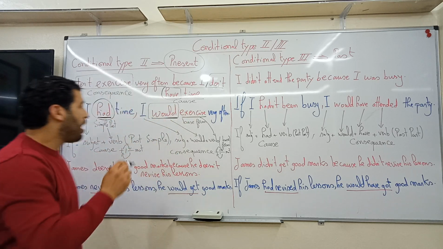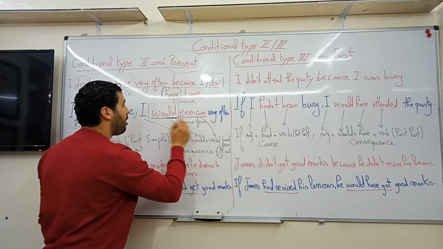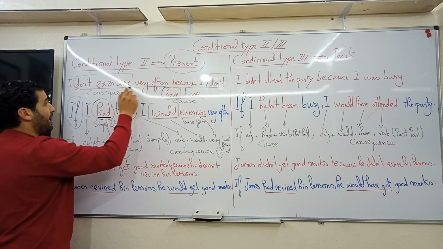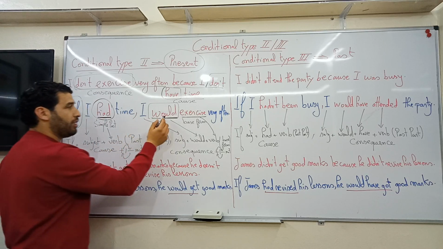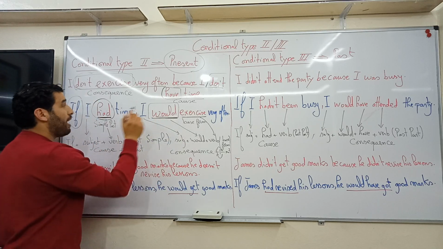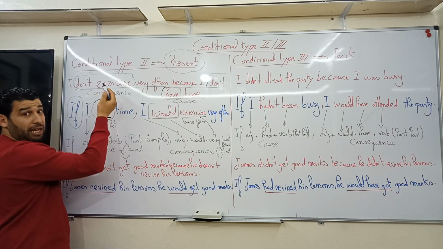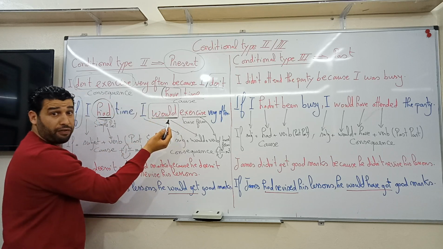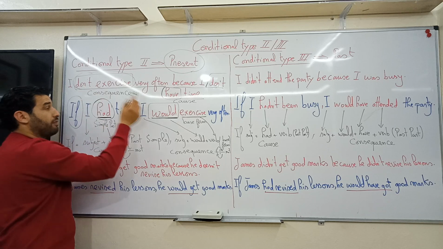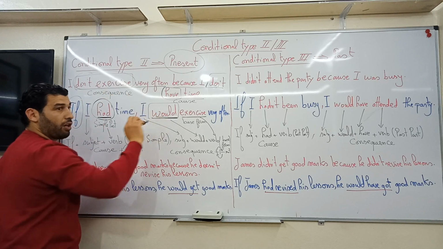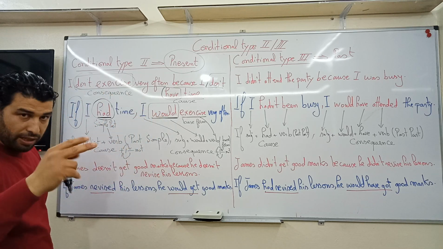Also, "I don't exercise" is negative, while "I would exercise" is affirmative. Here too we change negative to affirmative. Always the opposite.